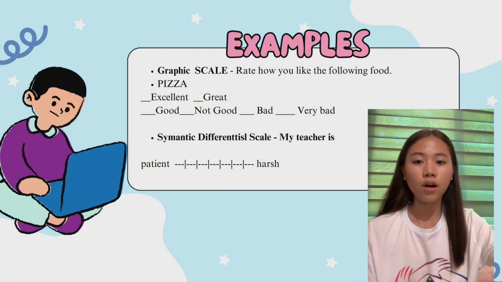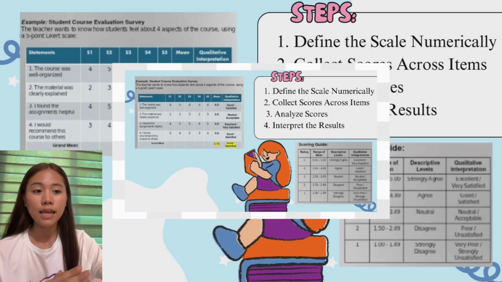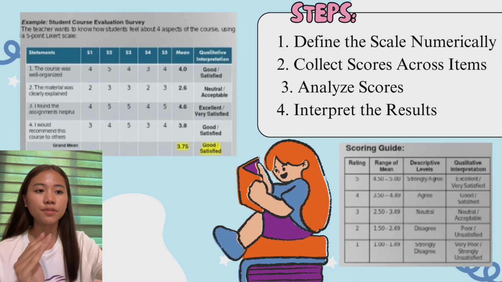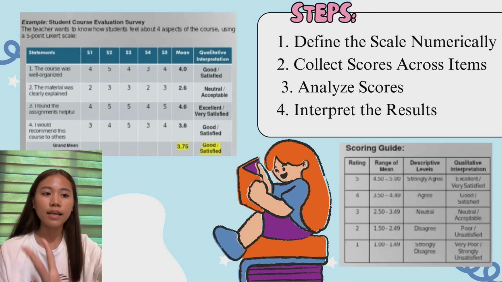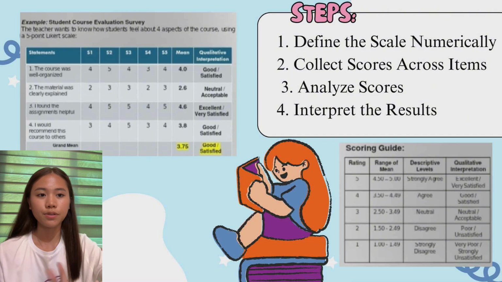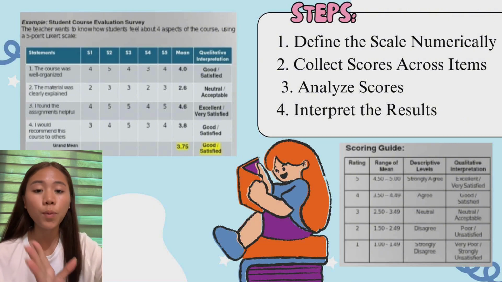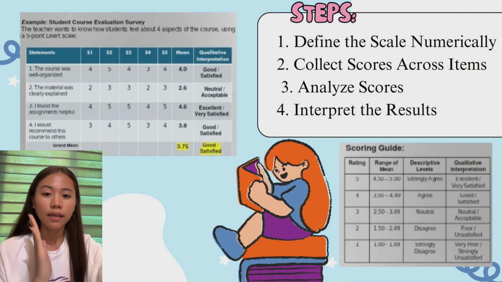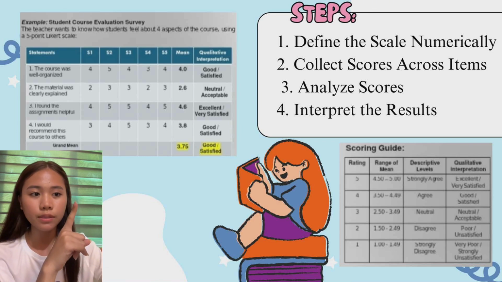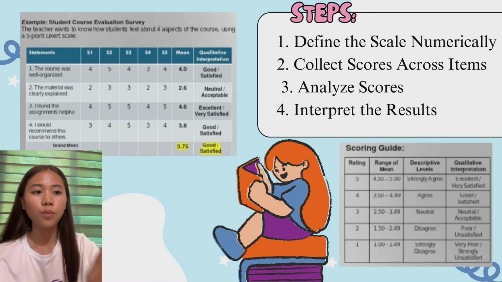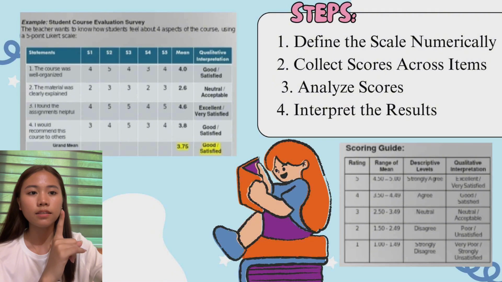So let's move on to the steps on how to quantify scales numerically: define the scales, collect scores across items, analyze scores, and interpret the results. You can see here the examples, like the statement: the course was well organized.